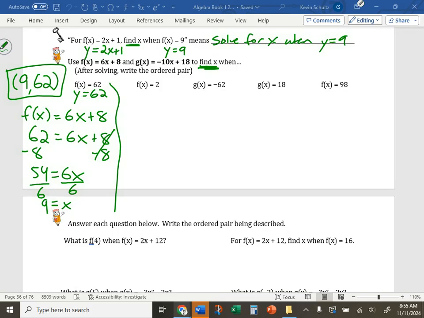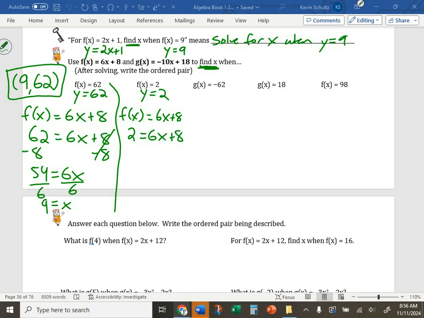The next one, f of x equals 2. I am telling you that y equals 2. Okay? Y equals 2. You are finding x when y is 2. So instead of f of x equals 6x plus 8, I'm telling you 2 equals 6x plus 8.